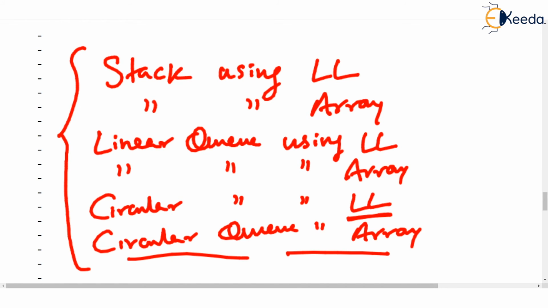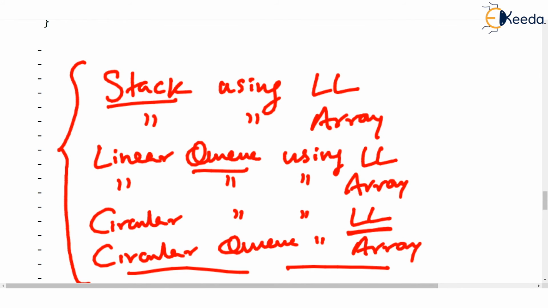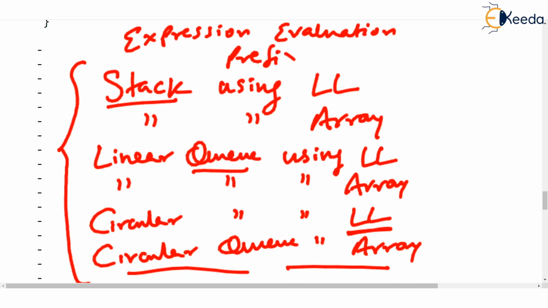And later in this course of data structure, we will see applications of stack and queue. Like there is one separate chapter called expression evaluation, where you will see what is prefix, infix, and postfix expression. And to solve various problems on these expressions, we will make heavy use of stacks.